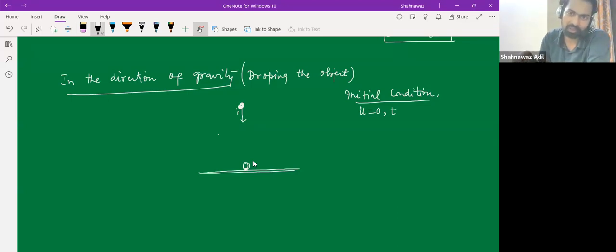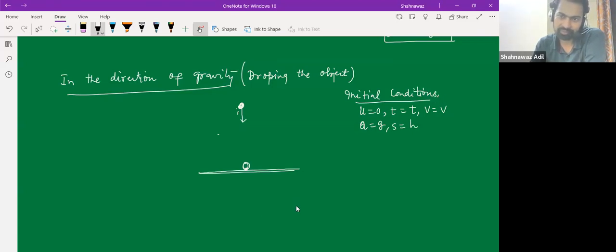The acceleration is g, and let's say s is h. So these are the 5 conditions that you have.